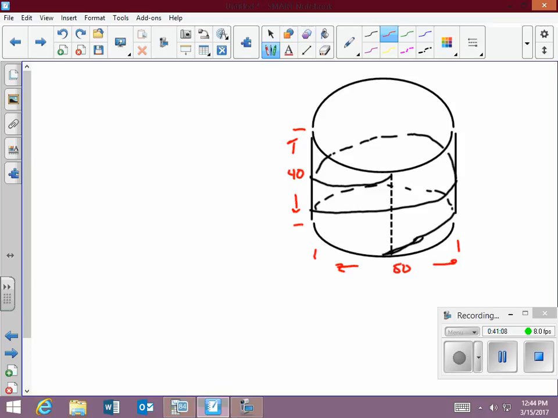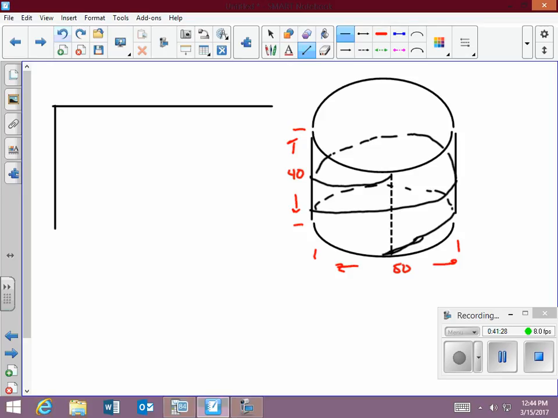And if you unroll that thing, and this dashed line is where that starts. Unroll it. And what you have is, at the very top, when it's up here, it's going to be right here.